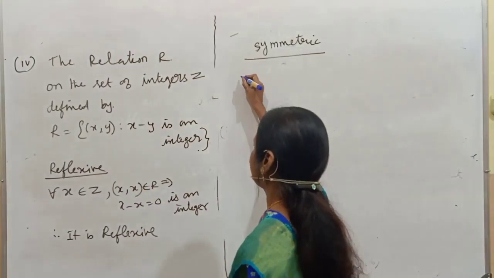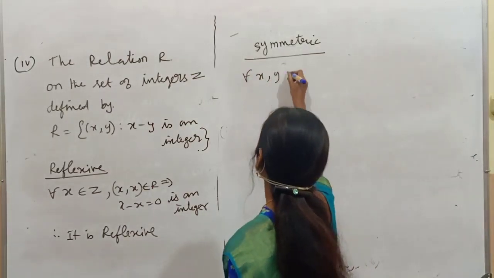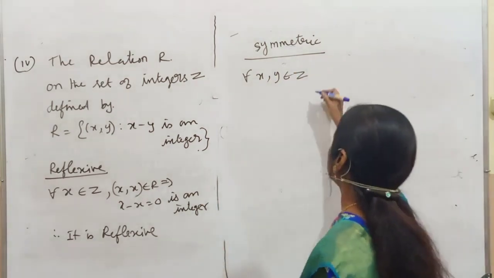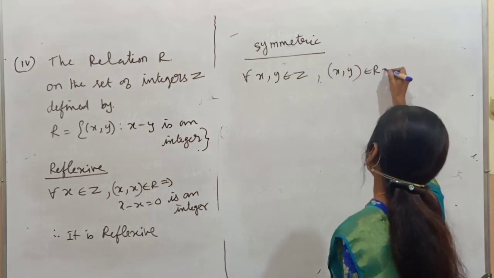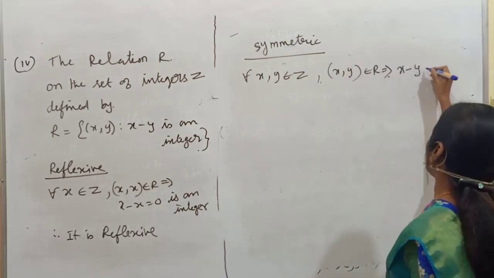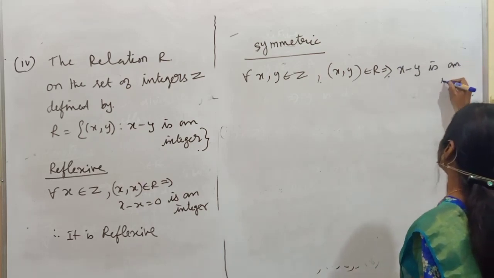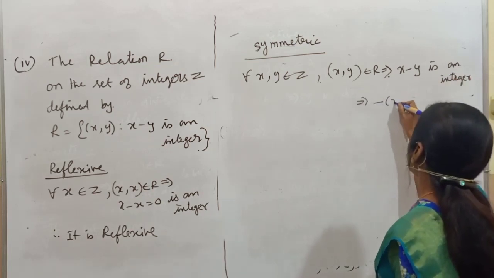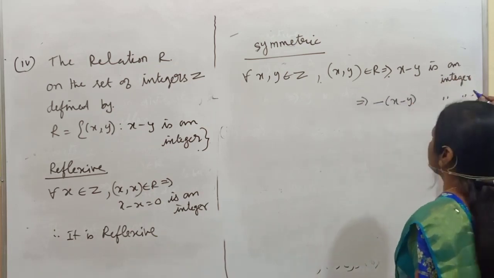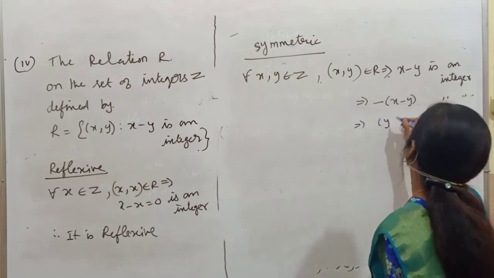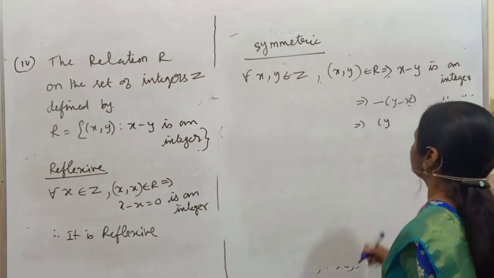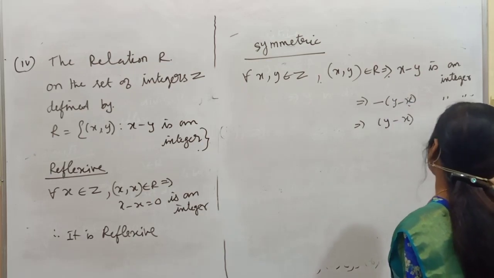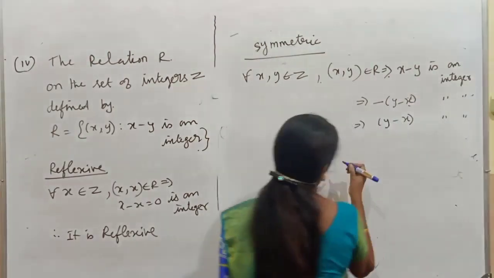For all x, y belongs to the integers, x, y belongs to R implies x minus y is an integer, which implies minus of x minus y is an integer, which implies we can say that minus of y minus x, so which implies y minus x is an integer.